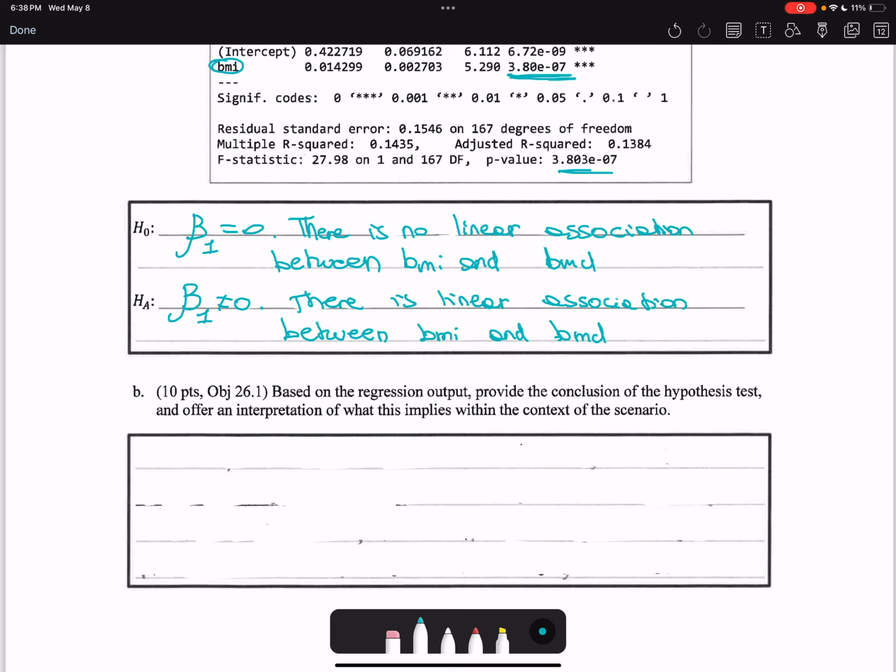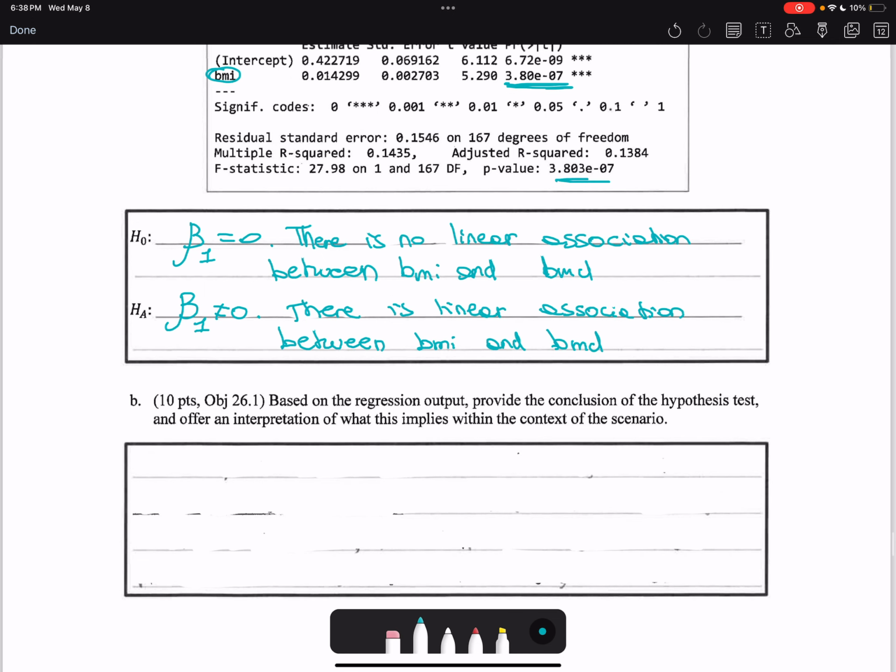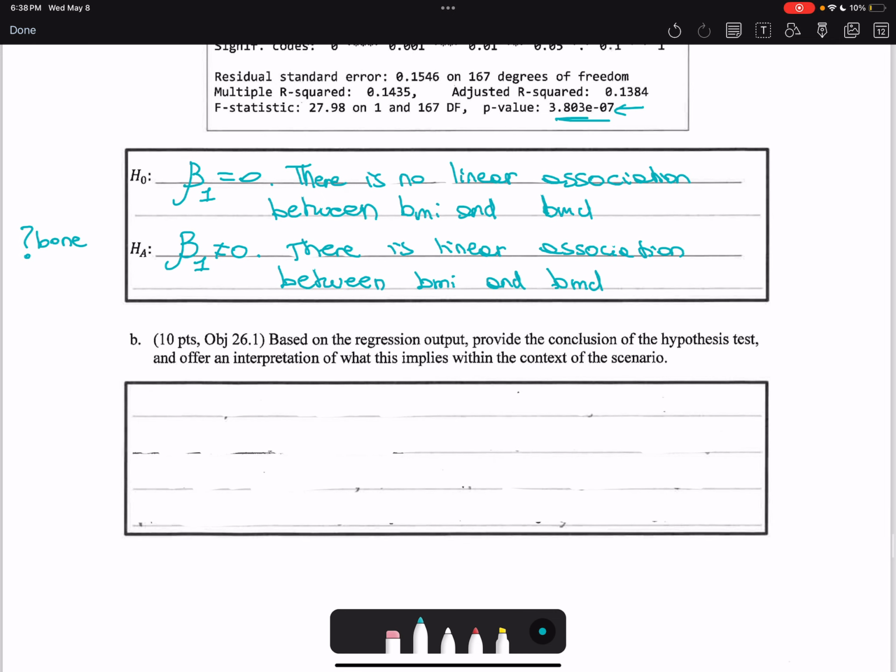You would have to put question mark bone into your RStudio, and there you would get information about the data. But based on the regression output, provide the conclusion. Well, this is very, very small.